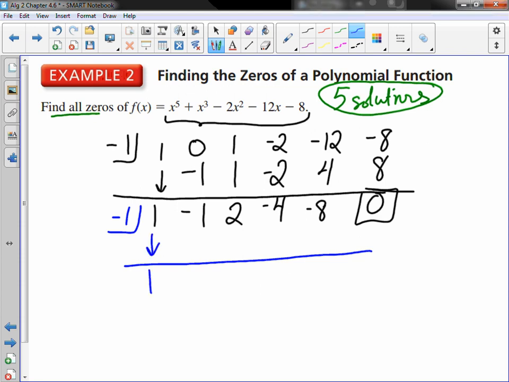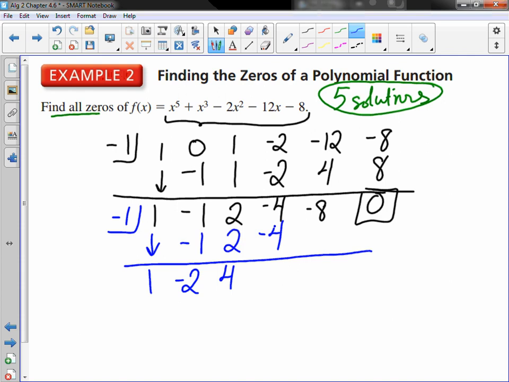Well, negative 1 times 1 is negative 1. Negative 1 plus negative 1 is negative 2. Negative 1 times negative 2 is 2. 2 plus 2 is 4. Negative 1 times 4 is negative 4.